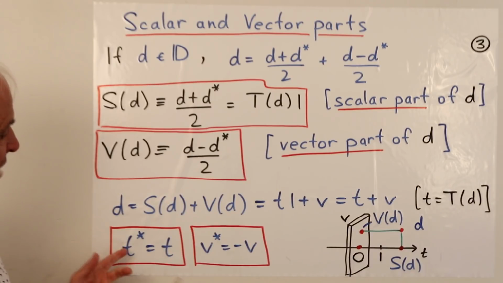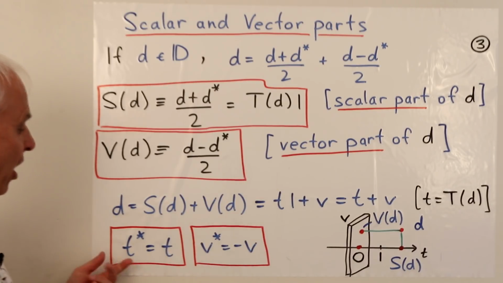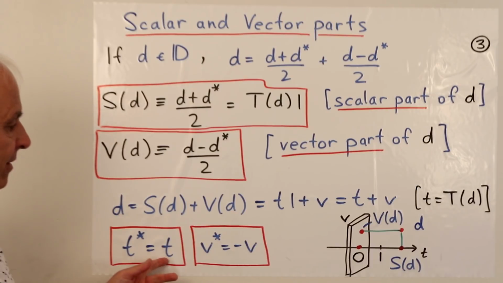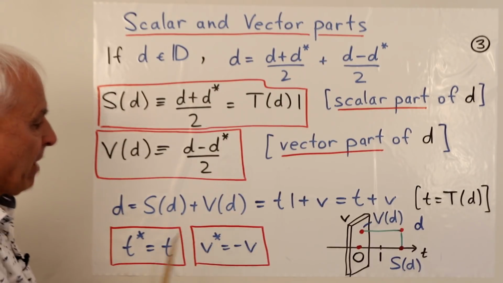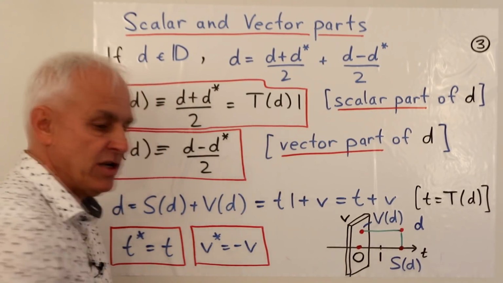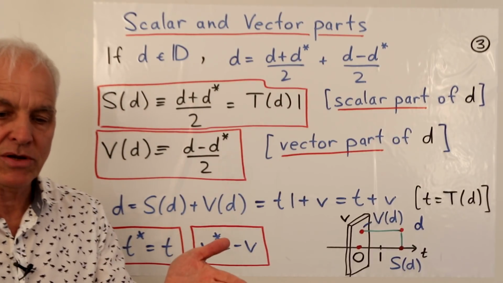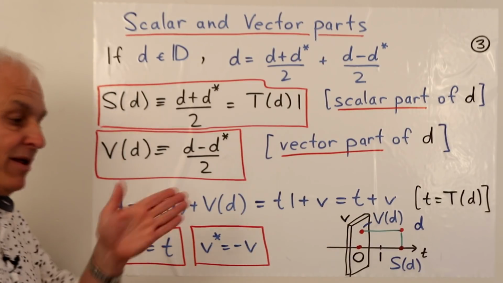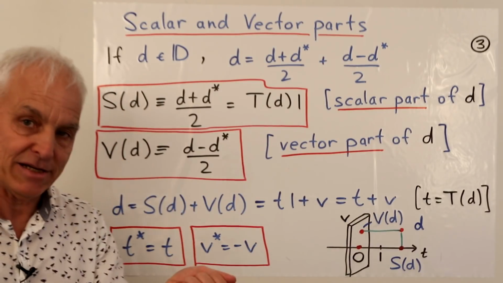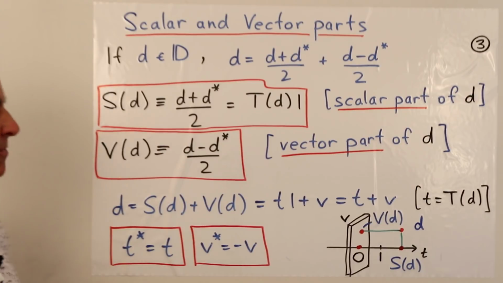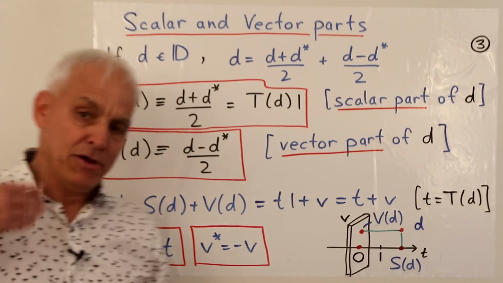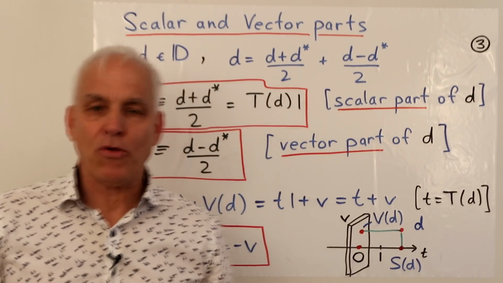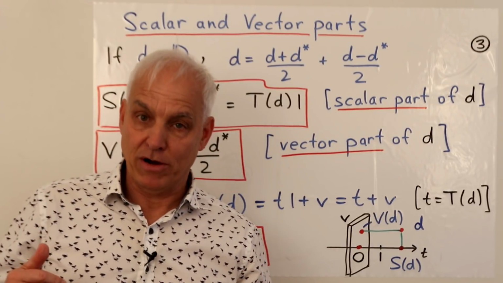Now, in terms of the conjugation, the T star is T, okay, and the V star equals minus V. So the component in this direction is unchanged under conjugation, while the component in this transverse direction is negated under the conjugation. Now, when we go to complex numbers, these are usually called the real and the imaginary parts.